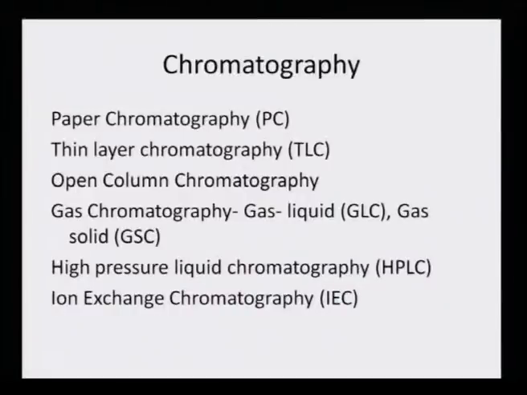Among the chromatographic techniques, let us do a little recap. Paper chromatography, which has become a little obsolete, thin layer chromatography, which is the starting point for any chromatographic analysis, open column chromatography, gas chromatography with gas liquid or gas solid, which could be GLC or GC-ECD, high pressure liquid chromatography, which is HPLC, and ion exchange chromatography or IEC.